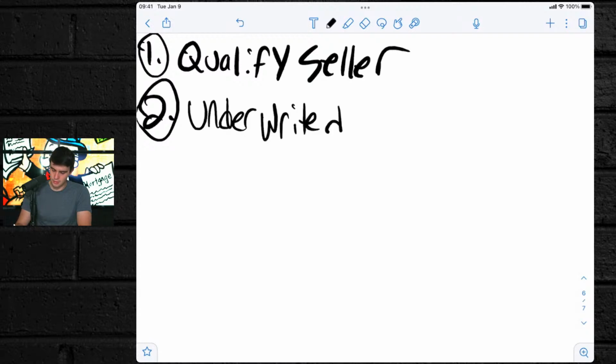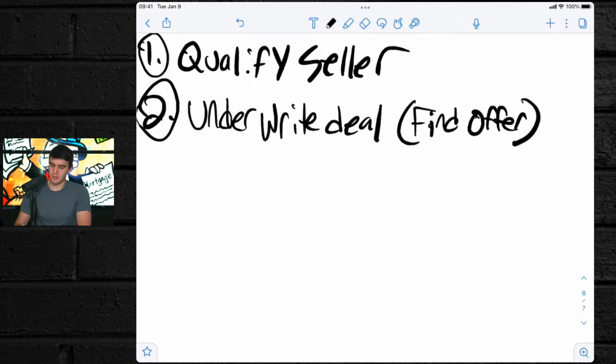Underwrite the deal, which pretty much is finding the offer. We look at comps. We look at what the property's worth. So we figure out, if we put it under contract, what we can sell it for. So we qualify the seller first and foremost; we've got to see if they're motivated. Now we've got to underwrite the deal and see what the property's worth.